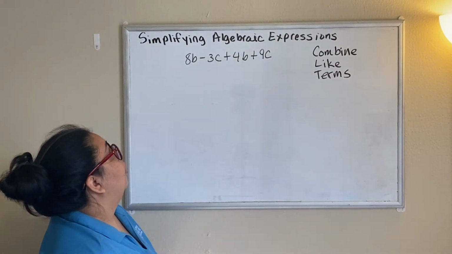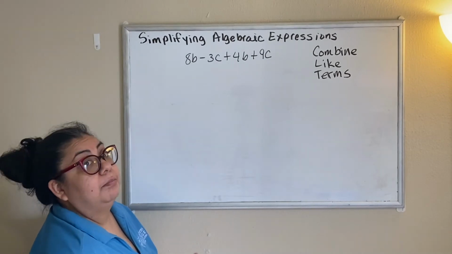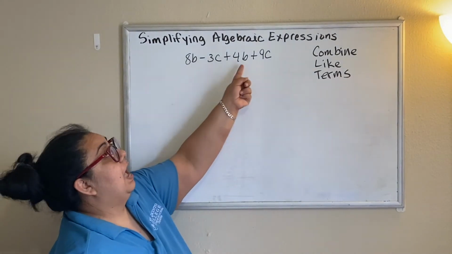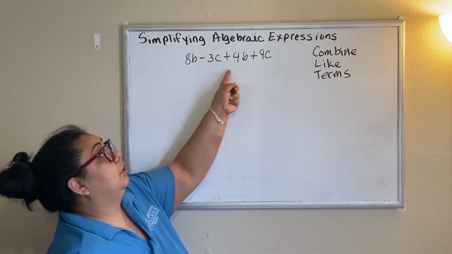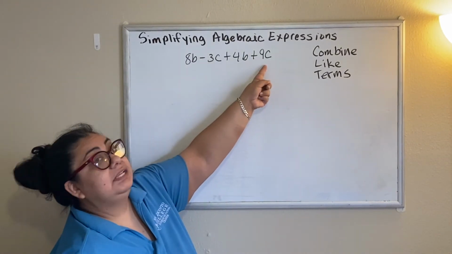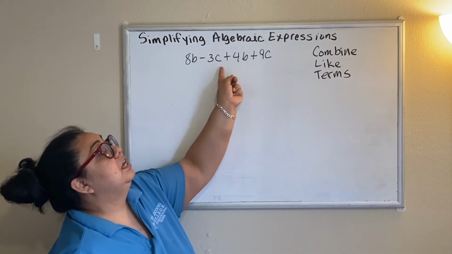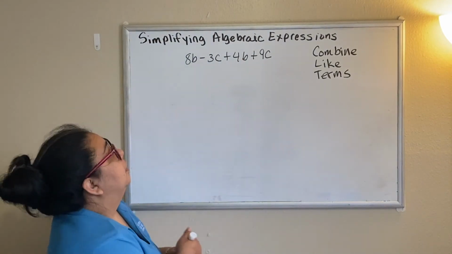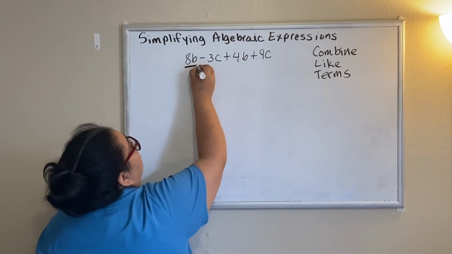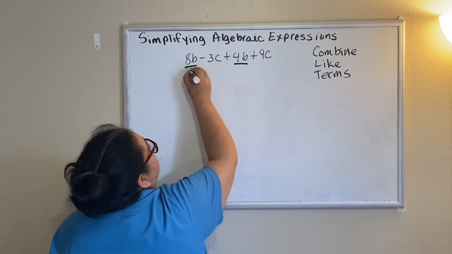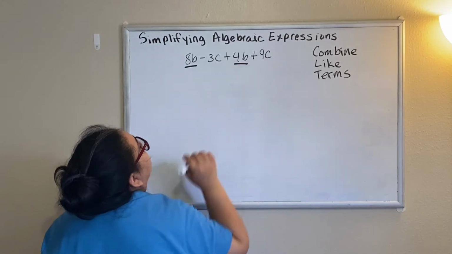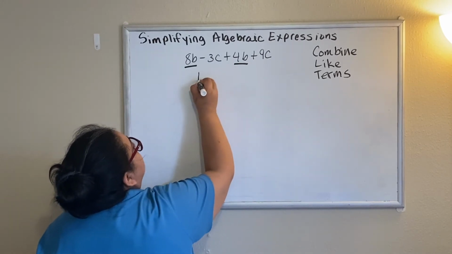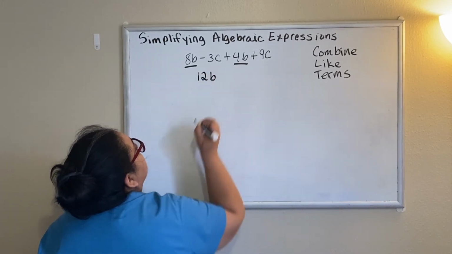And like terms have the same variable. So 8b and 4b both have b, so they are both like terms. 3c and 9c both have c, so they are like terms. So we're going to combine 8b and 4b. 8b plus 4b is going to be 12, and then don't forget the b.